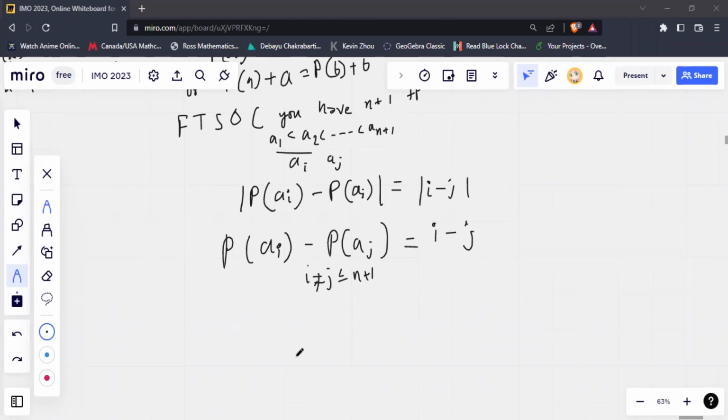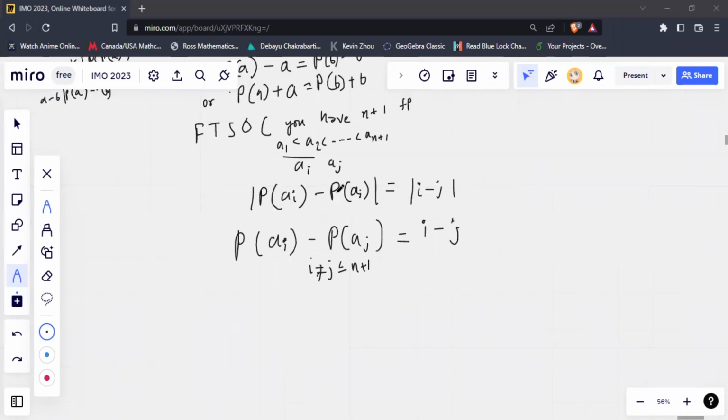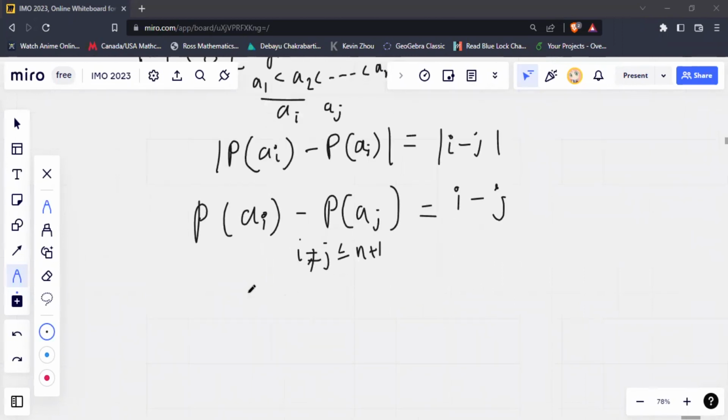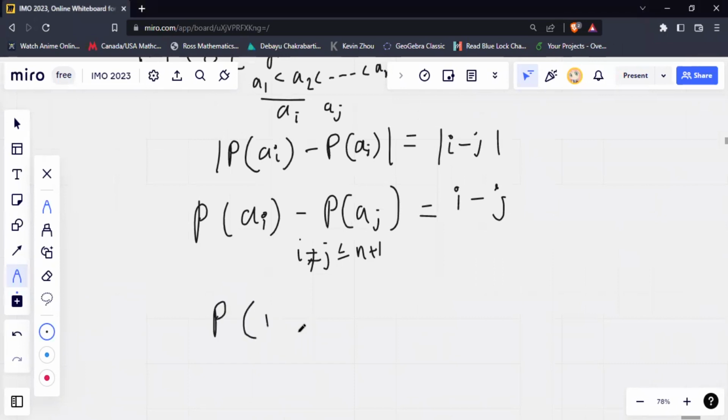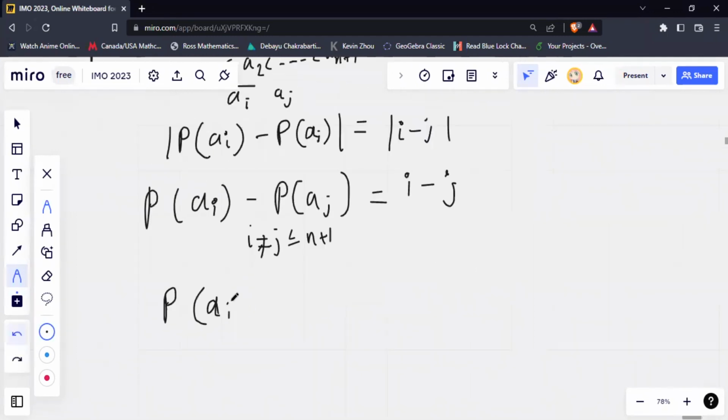P of AI minus I is equal to P of AJ minus J for n plus 1 AIs.